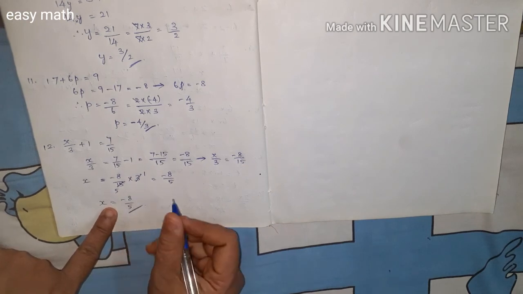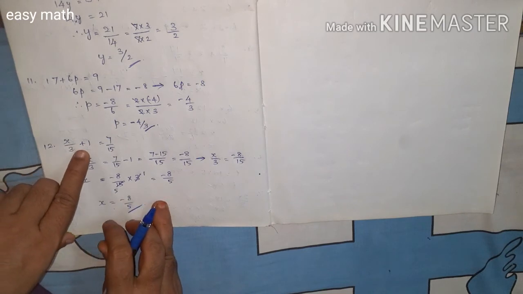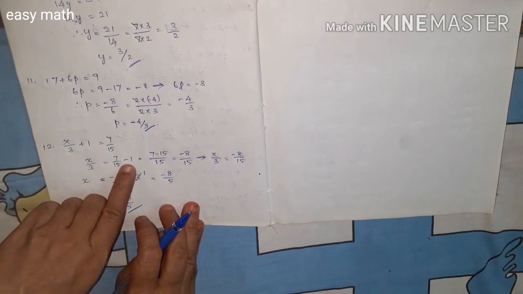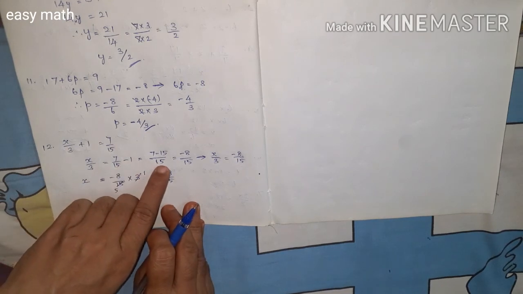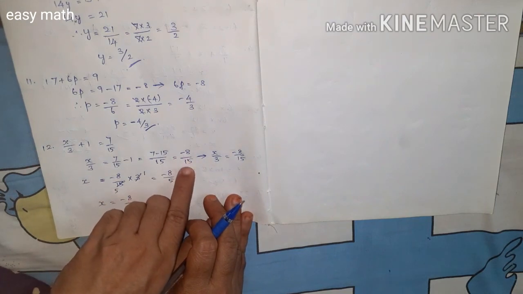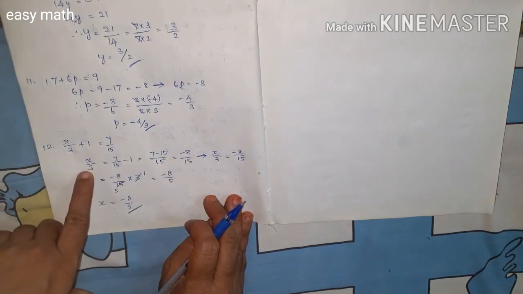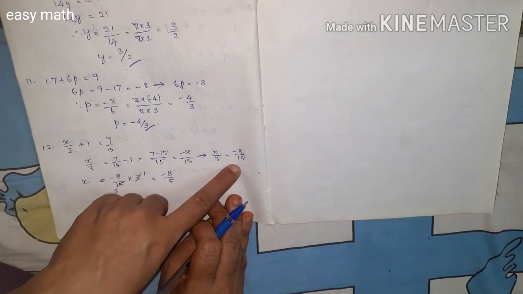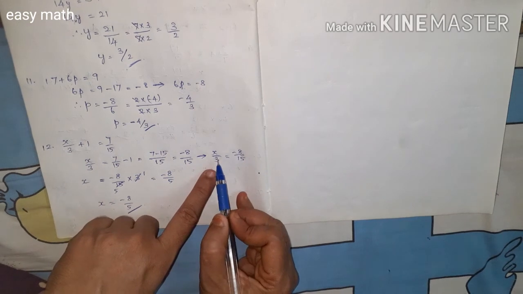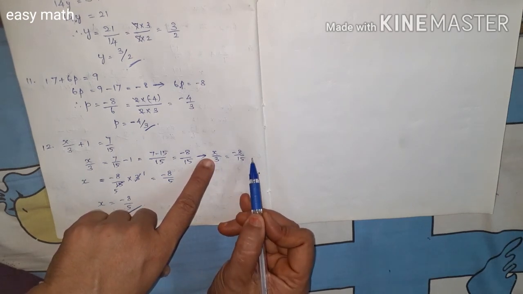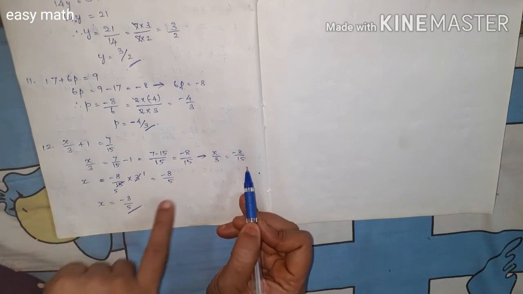That is the answer. See, first plus 1 becomes in the right hand side minus 1. We are taking the LCM, minus 7 minus 15, we get the answer as minus 8 by 15. Then x by 3 equal to minus 8 by 15. Now x by 3 when it becomes in the right hand side as into 3.